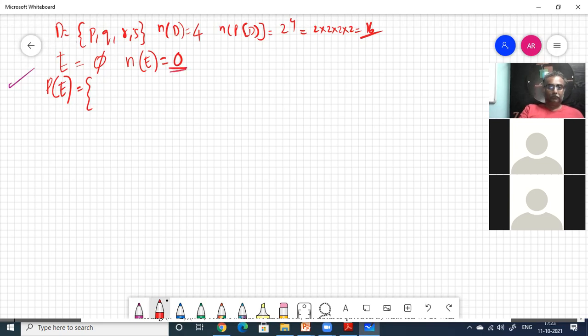Empty set. 0. Okay. What is N of P of E then? Null set.